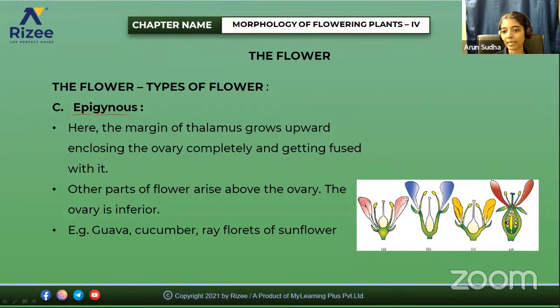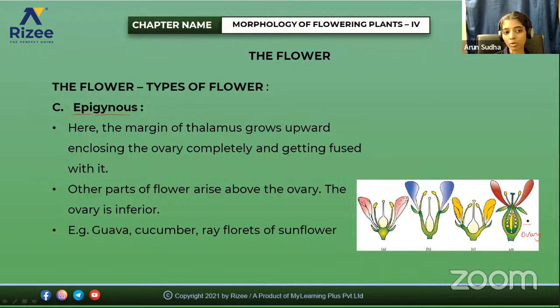The ovary gets enclosed by the thalamus and fuses with it. The other parts of the flower, like sepals, petals and the androecium, rise above the ovary. They are all above the ovary here. So the ovary here is called the inferior ovary since it is below the other parts.